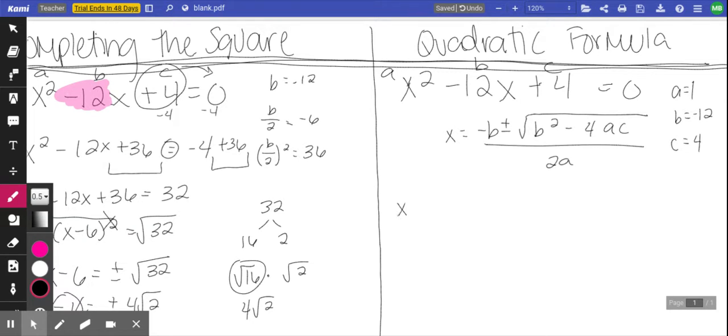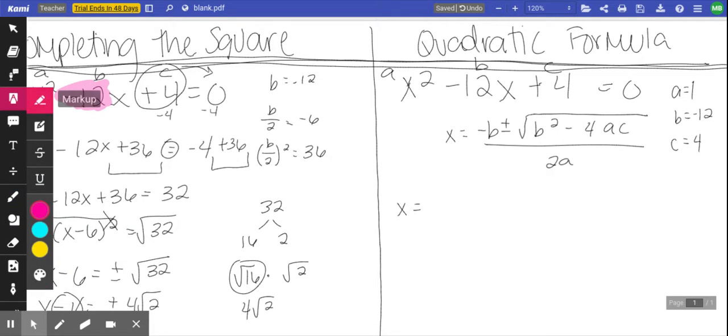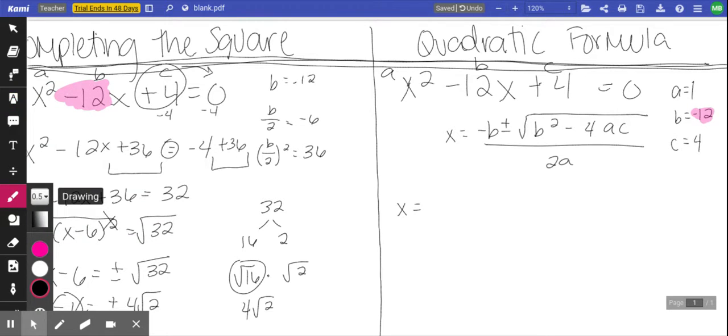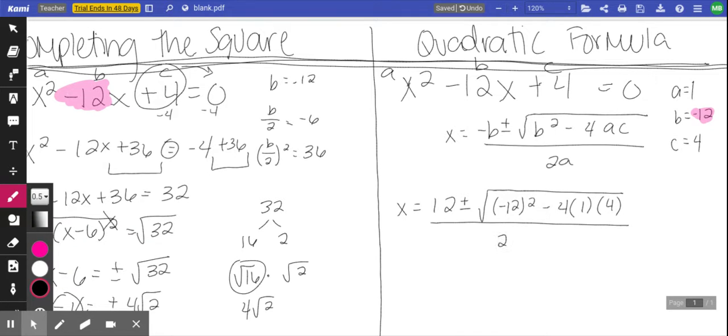So my x is equal to negative b. Well, b is already negative 12. So negative times a negative is a positive. So that would be 12 plus or minus the square root of b, which is negative 12 squared, minus 4 times 1 times 4. And all of that is being divided by 2 times 1.